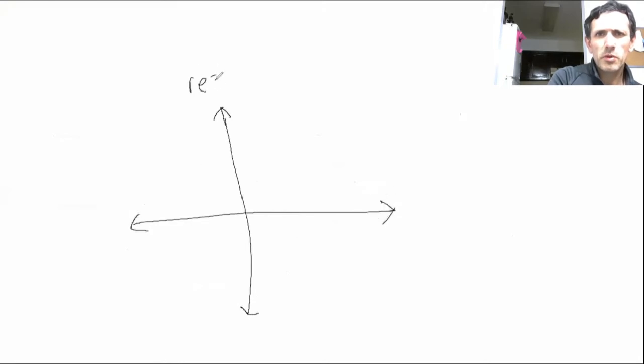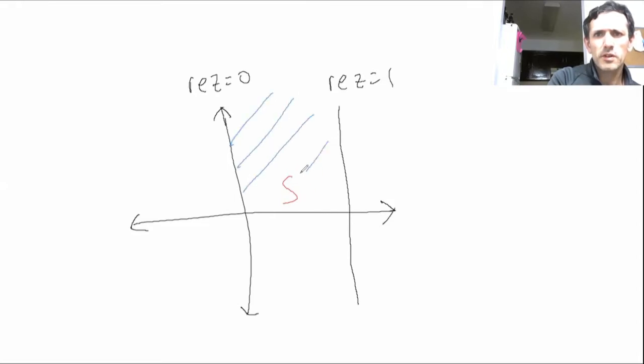So this is where the real part of z is 0. Draw this vertical line, where the real part of z is 1. So S is just going to be everything inside here, all z where the real part is between 0 and 1.